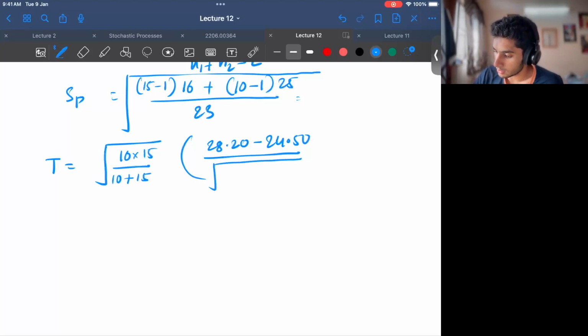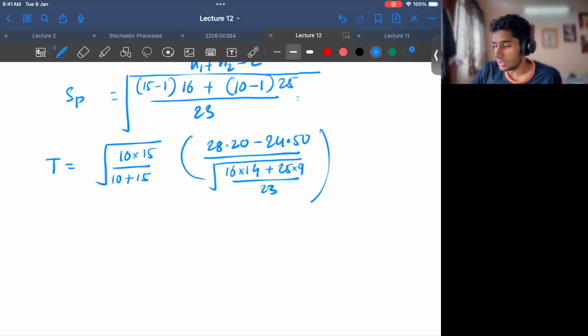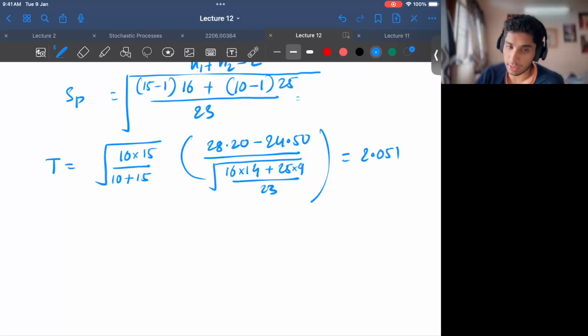So sp is 16 times 14, sorry, plus 25 times 9 divided by 23. So this will be your test statistic. You use your calculator. Since I already have the answer in front of me, I will just write it down. This thing comes out to be 2.051.